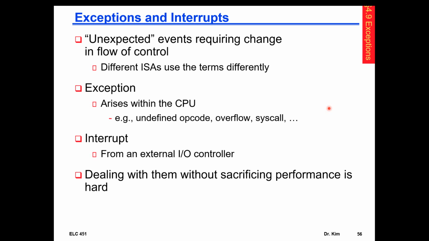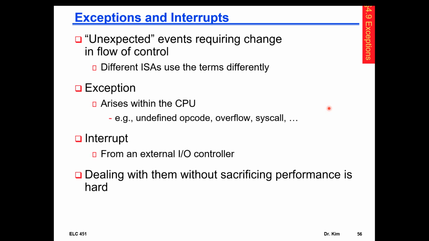And so far, we have looked at how to deal with hazards in general for pipelines, for structural hazards, data hazards, and control hazards. What we have not talked about is the effect that hazards have in the flow control when we deal with exceptions and interrupts.